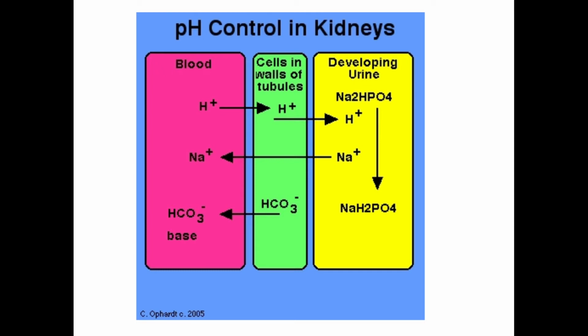So we can secrete protons, these hydrogen ions, and get rid of more, as well as reabsorbing all or almost all the bicarbonate. And that allows us to decrease the pH of our urine, which will increase the pH of our blood. So if blood pH is high, then we want to produce high pH urine, decreasing the pH of our blood. If blood pH is low, we want to produce low pH urine, increasing the pH of our blood.